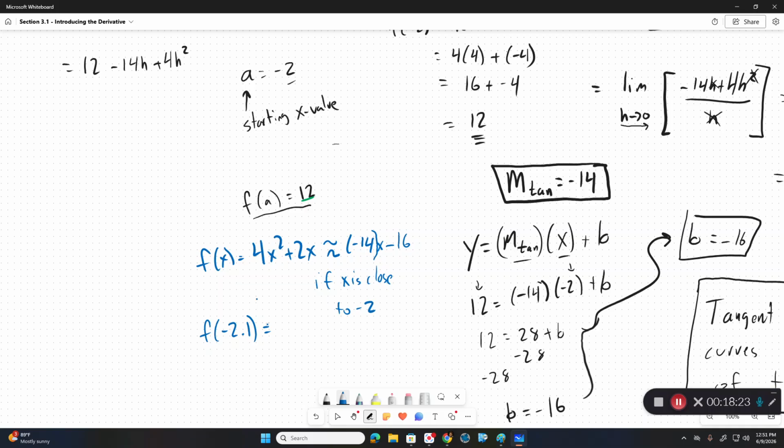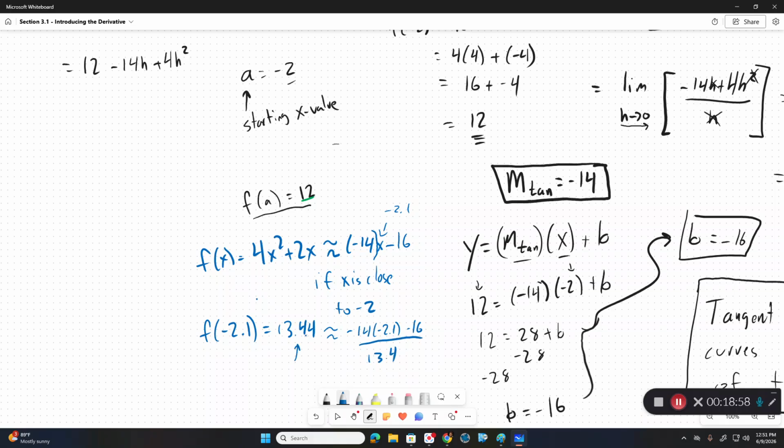For f of negative 2.1, I get an exact value of 13.44, which is approximately equal to just plugging in negative 2.1 here, which is negative 14 times negative 2.1 minus 16, which is 13.4.